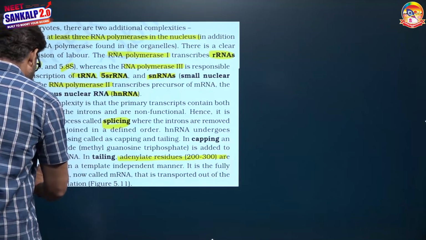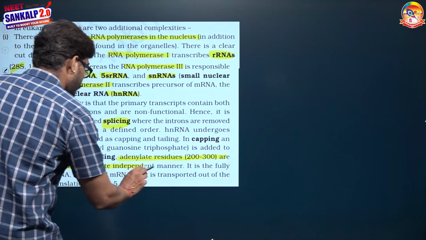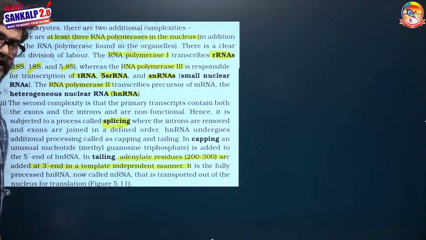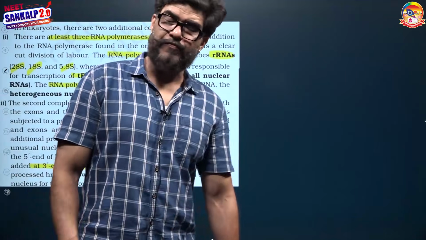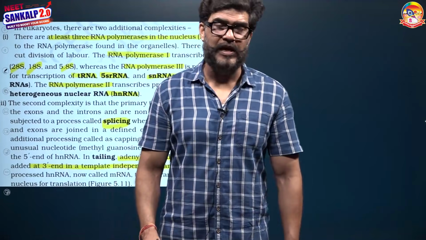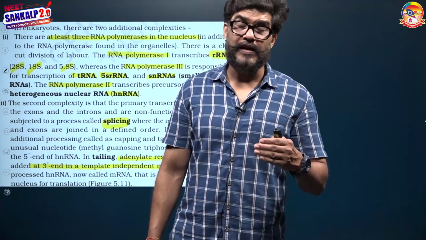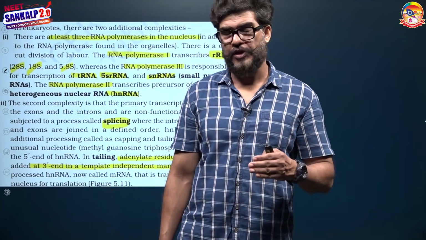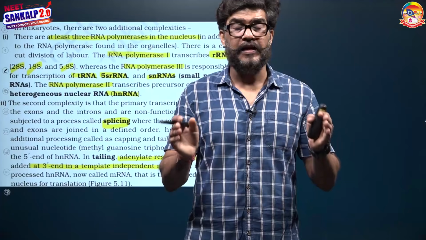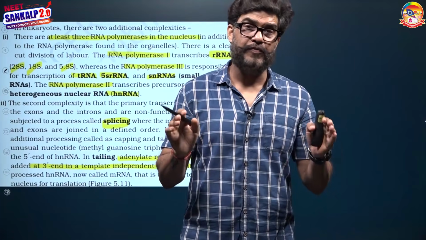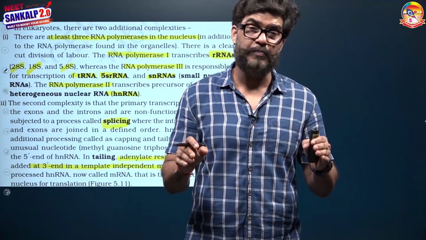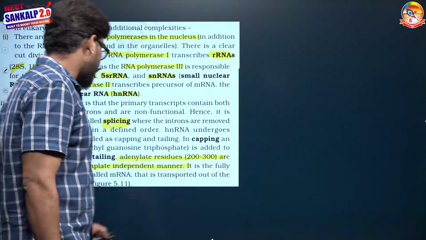Both cap and tail get formed in a template independent manner. I repeat, the cap is the 7-methyl guanosine at the 5' end, and the tail is a polyadenylate residue at the 3' end. Both cap and tail get formed without any kind of template, so we are using the words template independent manner.